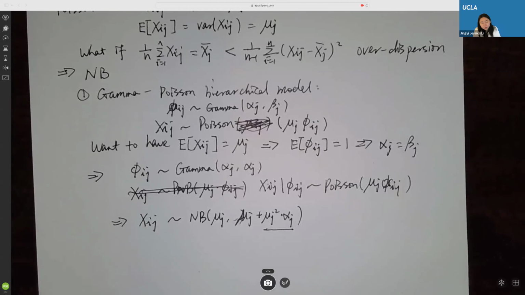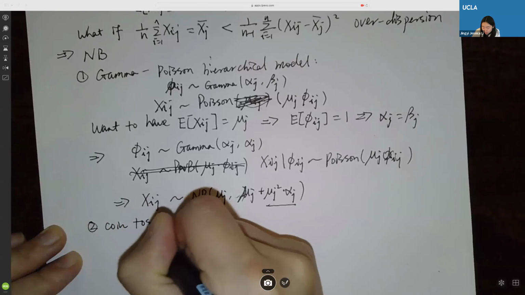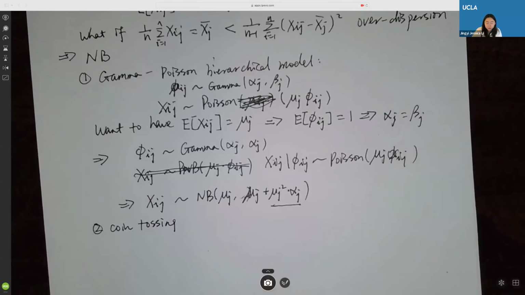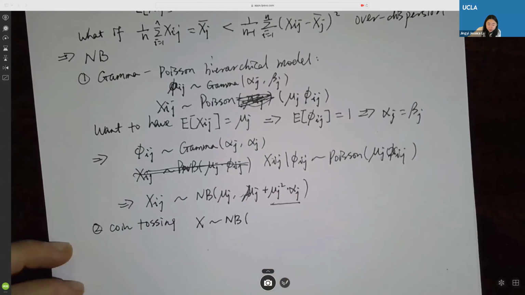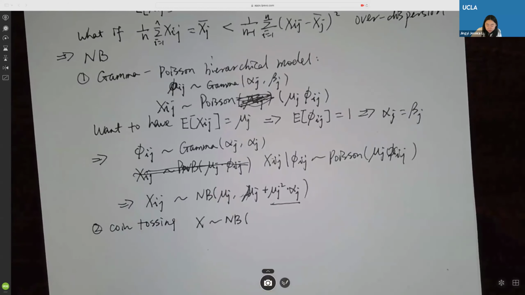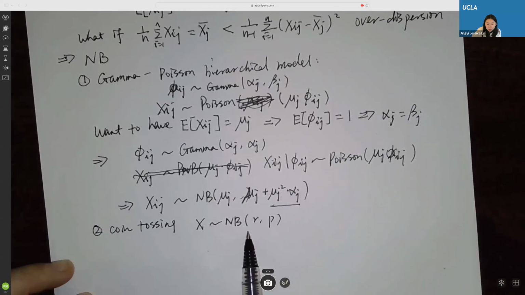But another way you might have learned before, in a probability class, is the coin tossing. That's another way to define the negative binomial. The second way, in the coin tossing example, is where we define Bernoulli and binomial, right? So basically, in this case, if you say x follows negative binomial with also two parameters, but the two parameters mean different things, you can say R and P. R is an integer.